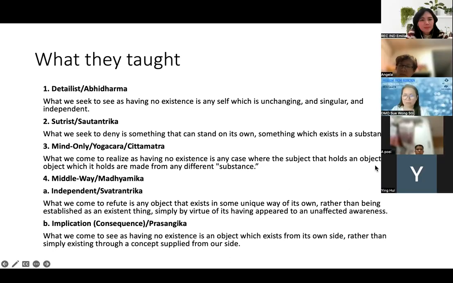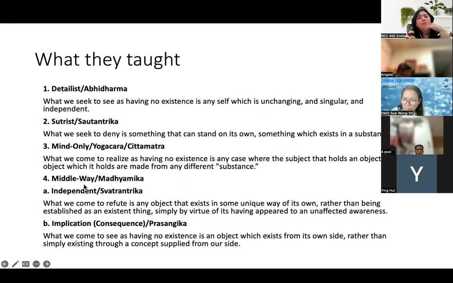Can you follow? It is impossible for a rose to become something else that smells bad when we give it a different name like SHIT. It still smells nice. Okay, so this is mind only, all right?